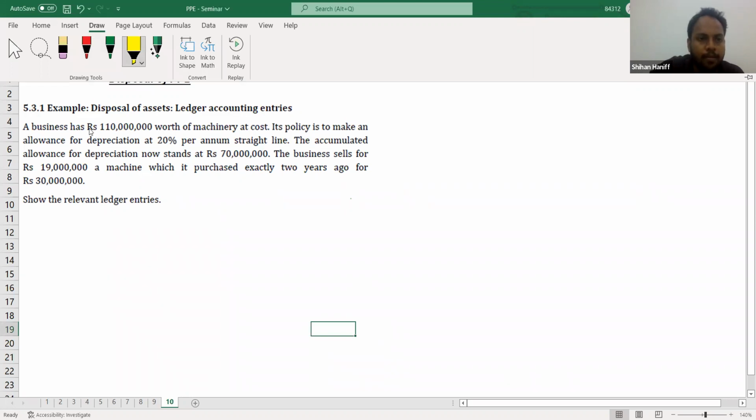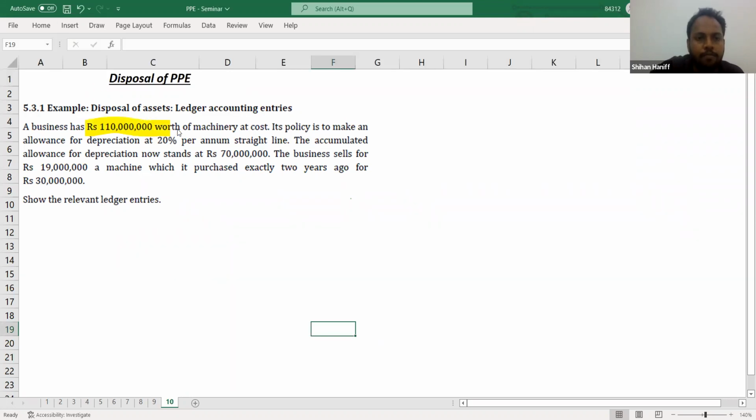A business has 110 million worth of machinery at cost. Its policy is to make an allowance for depreciation at 20% per annum on straight line.